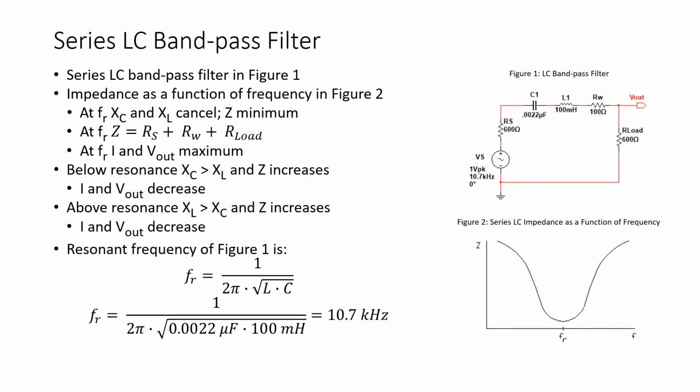And if impedance increases, the current will decrease and the resulting output voltage will decrease as well. So this is the action of the band pass filter. It passes a selected band of frequencies to the load and blocks frequencies below and above that selected frequency. The resonant frequency of the circuit of Figure 1 is, as shown, 10.7 kilohertz.